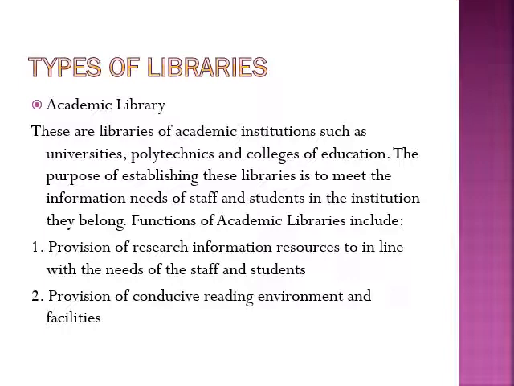For instance, if you go to a university of agriculture, their library collection is more likely to be more focused on information resources that are related to agricultural science disciplines such as agricultural economics, agricultural extension and management, horticulture, and other agri-related disciplines.